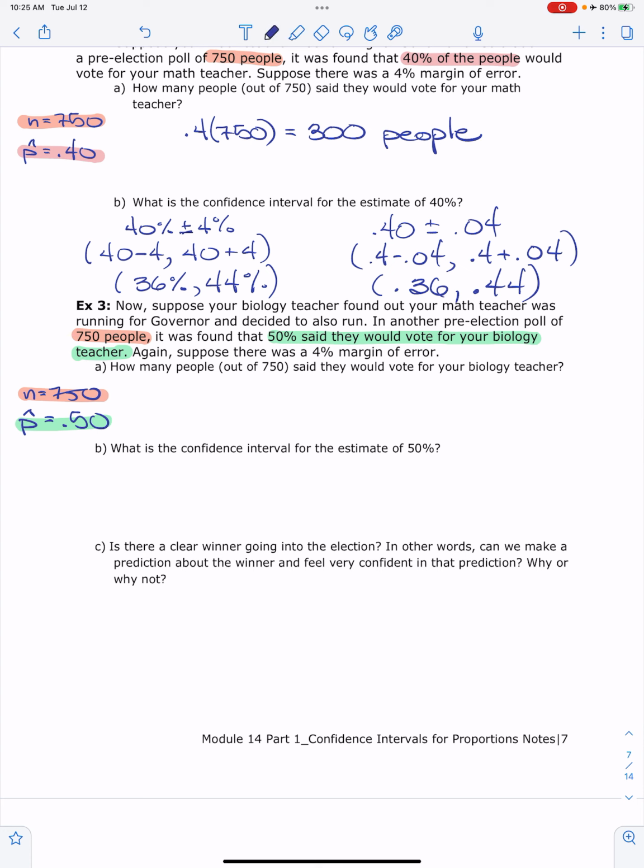We want to know how many people out of those 750 said they would vote for your biology teacher. 0.5 times 750, so half of 750. We have 375 people said they would vote for your biology teacher. The confidence interval for the estimate of 50%.